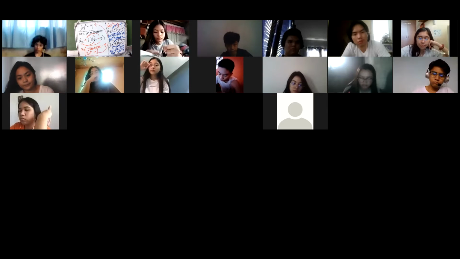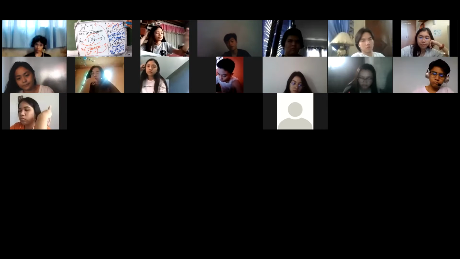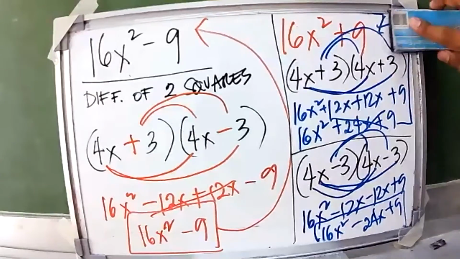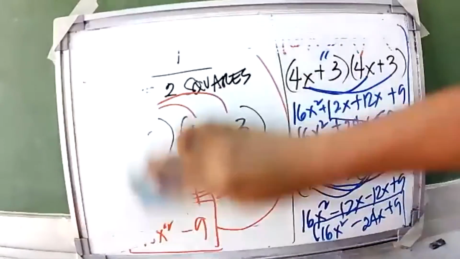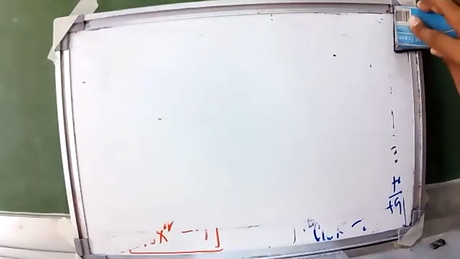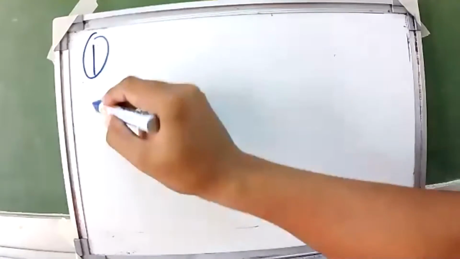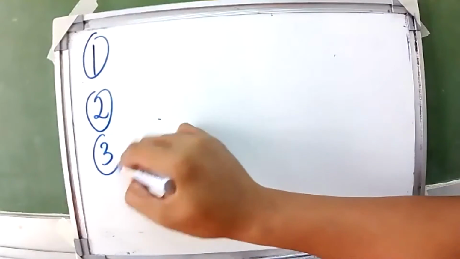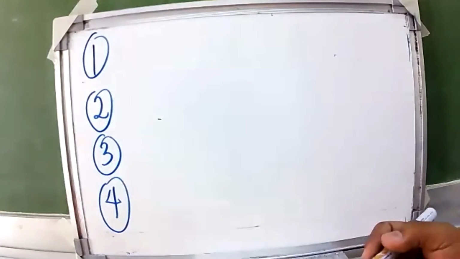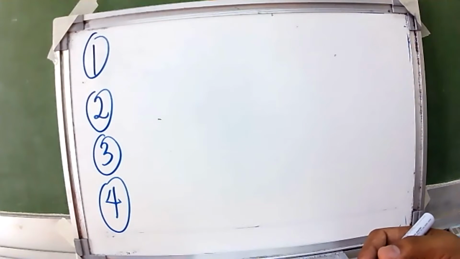Very good. Let's have another set of given. Ready? This time, I want you to identify which is factorable and which is not. Just chat me the numbers of the given, which among them are factorable. Ready? I'll give 1, 2, 3, and 4 given. Just PM me which numbers are still factorable.